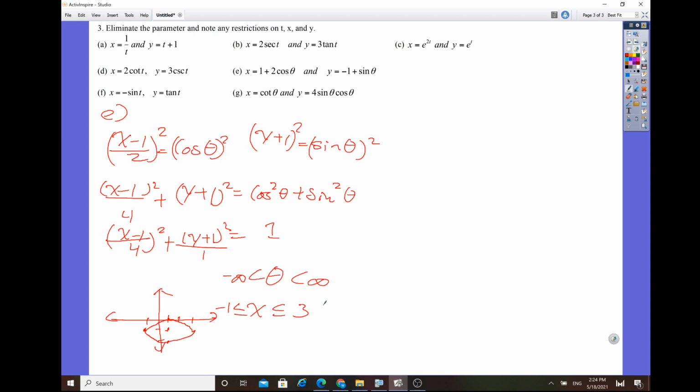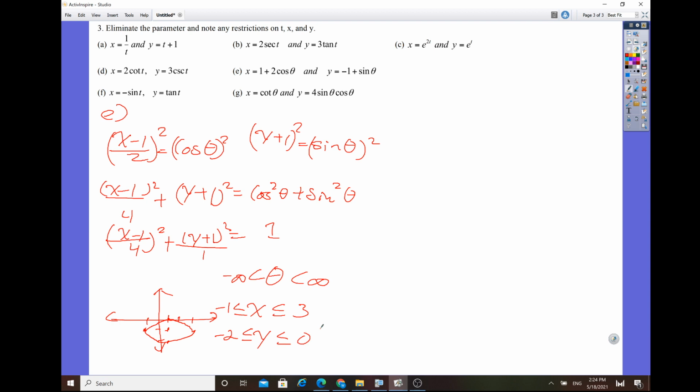You can put it in interval notation or inequality notation. And then for y, that'll be -2 all the way to 0. Okay, like that.